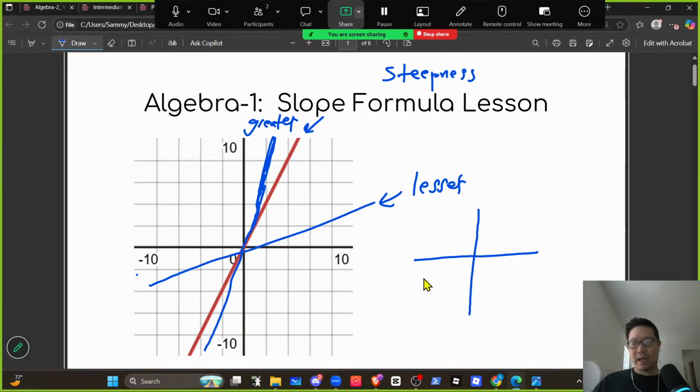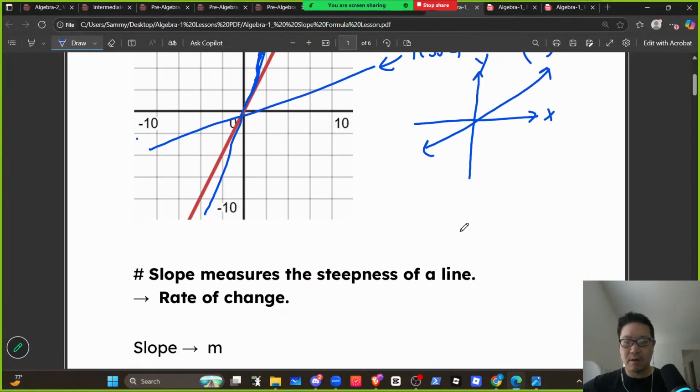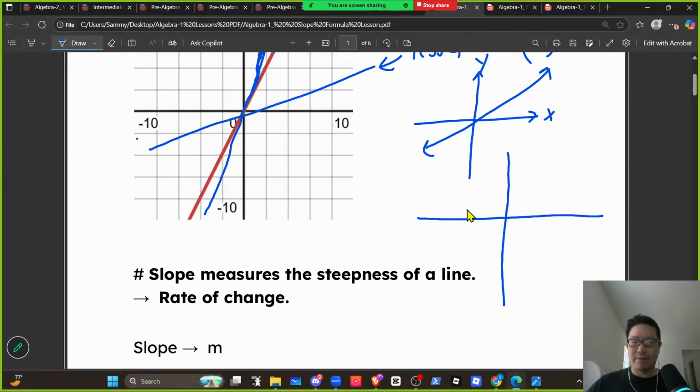So if the line is going up as you go from left to right, so this is the x-axis, the y-axis, we say that this line has a positive slope. If instead the line was angled down as you moved from left to right, in other words, a line that looks like that, we say that this line has a negative slope.